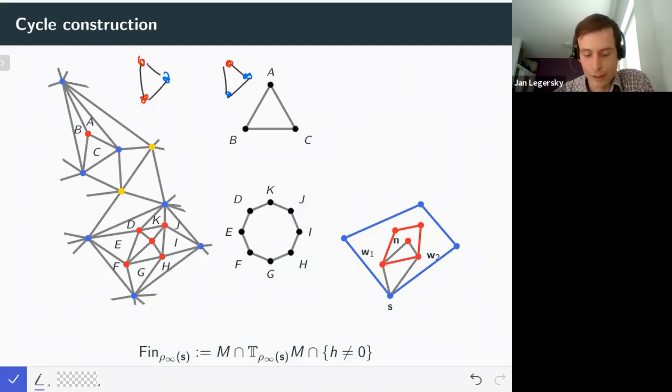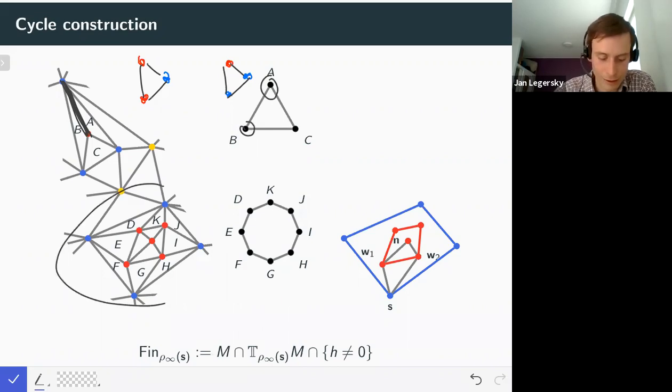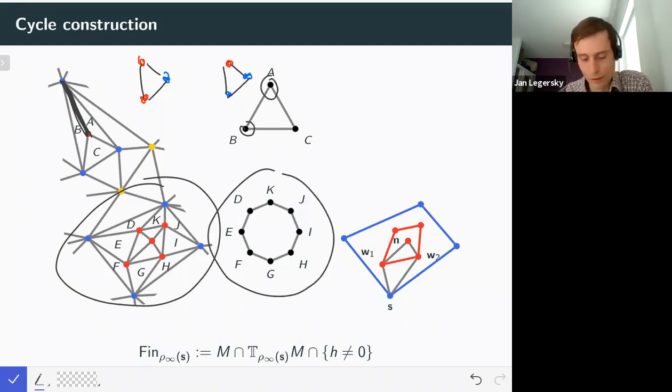And we construct a graph whose vertices are the triangles, and where 2 triangles are incident if they share an edge that has 1 blue and 1 red vertex. So for instance, A and B are incident here because they have this edge with a blue and a red vertex, and similarly for the other triangles here. So the triangles here correspond in my new graph, whose vertices are triangles, to this cycle.